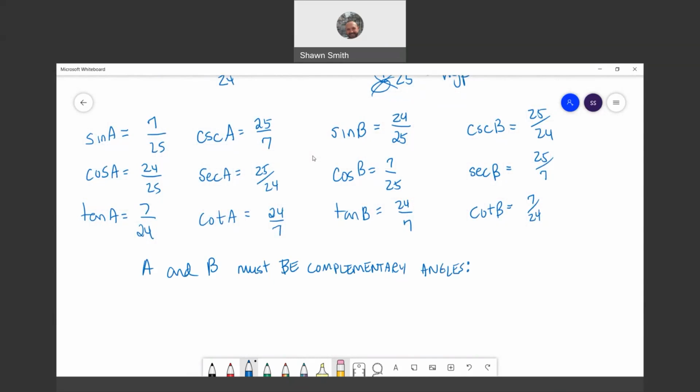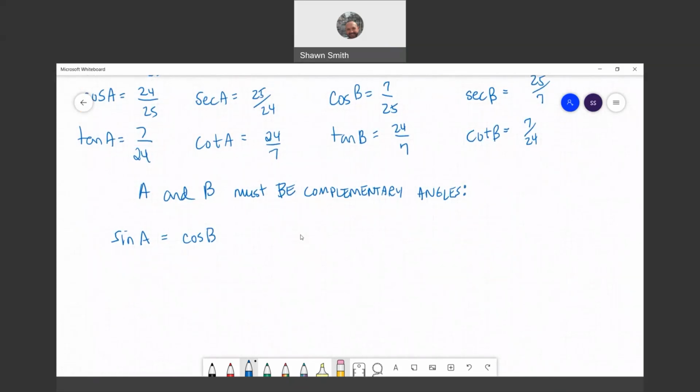So if I look at something like sine of A, we know that this was equal to the cosine of B, right? Those are cofunctions right there. And then A and B must total 90, right? So we do this with all the other trig functions too.